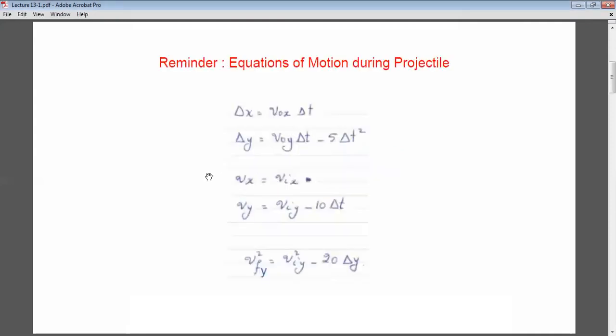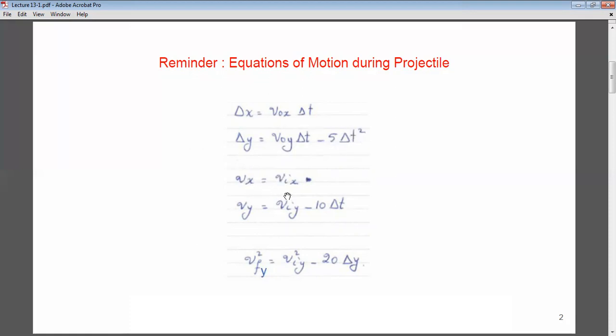And how do the new equations look? They look like this. Delta x is v initial x delta t. Normally we have a plus half ax delta t square, but ax is 0, so there is nothing. Delta y is v0y delta t plus half ay delta t square, and ay is minus 10. So we get this.